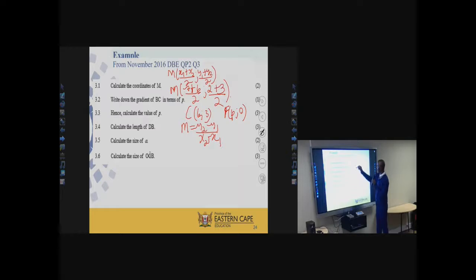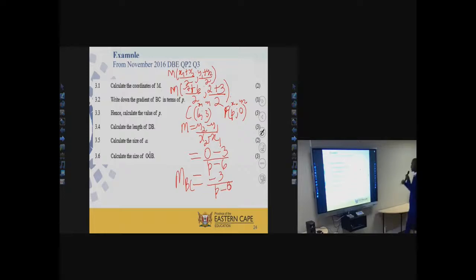So you have x1, y1, x2, y2, and then you simply substitute. What is y2? 0. What is y1? -3. What is x2? P. What is x1? 6. And then you will have your answer as -3 divided by P minus 6. That will be your gradient of BC in terms of P.